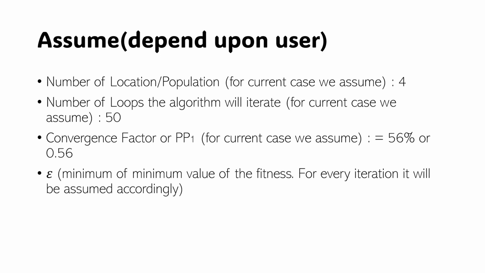At the initial iteration of the first loop, as is the case for other meta-heuristic optimization algorithms also, we randomly generate 4 different values for x, our design variable. So in case of DEA, the Dolphin Echolocation Algorithm, these 4 locations are your number of locations or population.